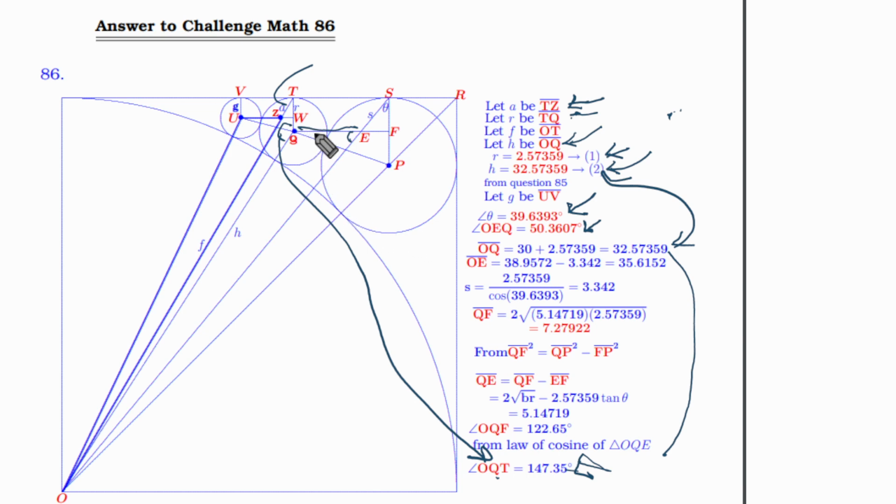From the law of cosine in triangle OQE, we got this angle as 122.65 degrees, and the total angle is 270. From 270 we take 122.65, then angle OQT is 147.35. So you get a review from the last problem.